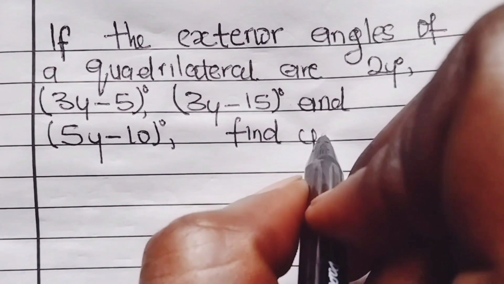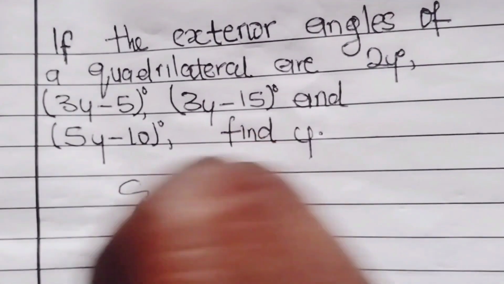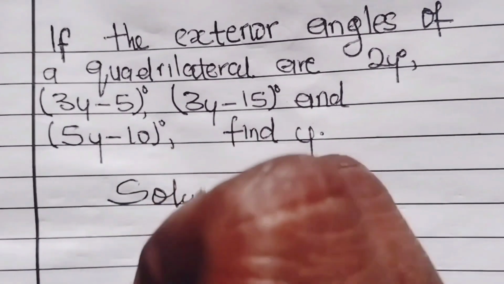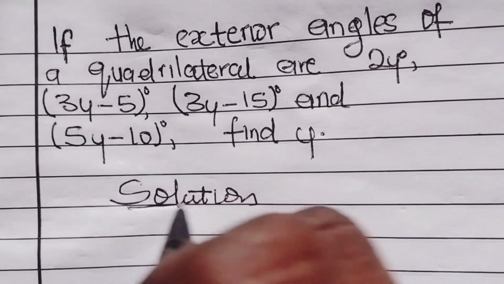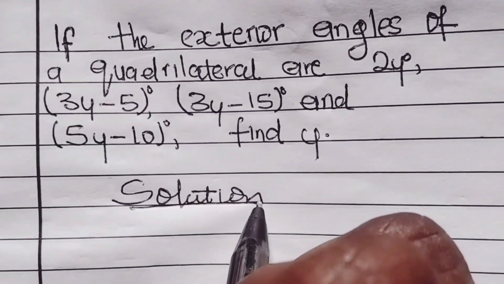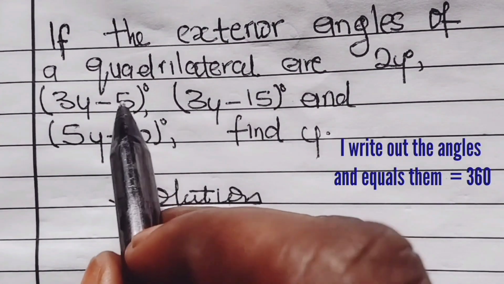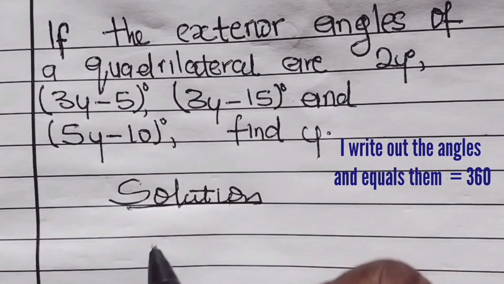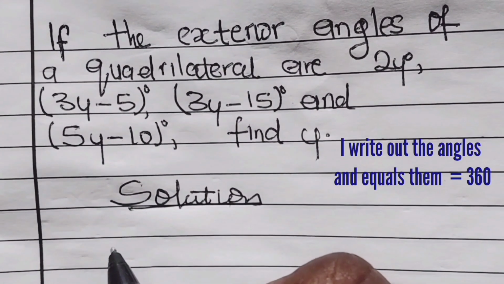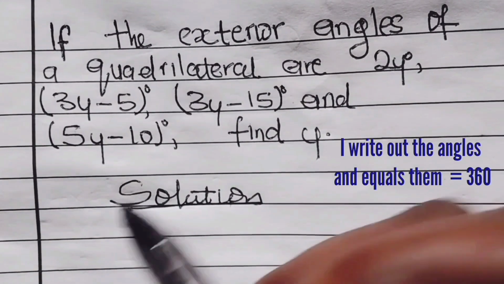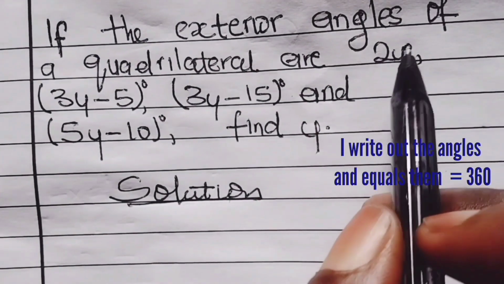So we start by writing our solution. As usual, I'll write out the angles given to me, starting with the first one, 2y degrees.